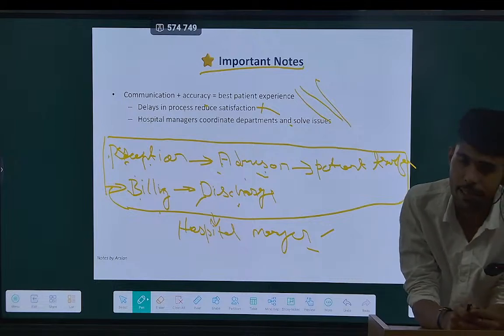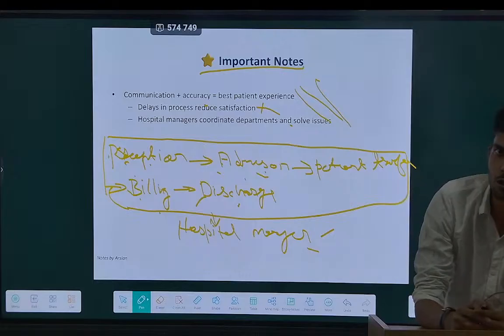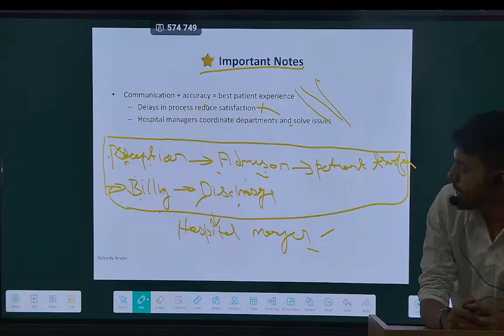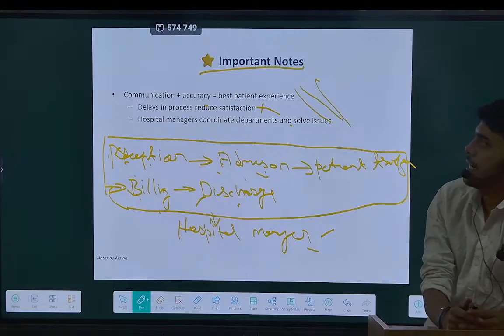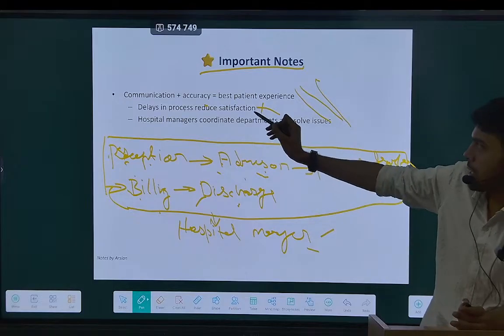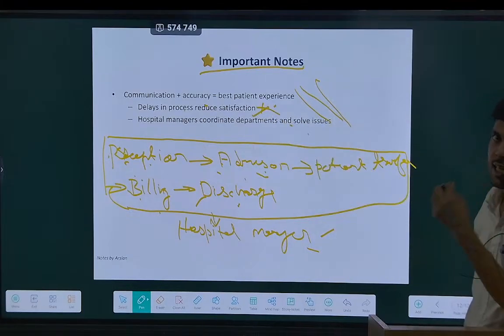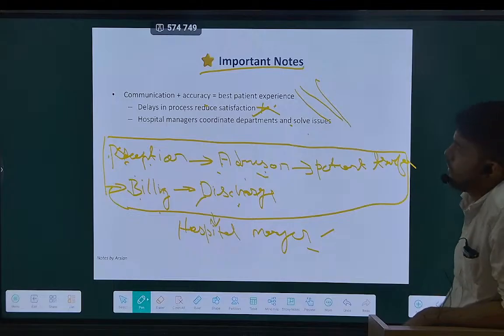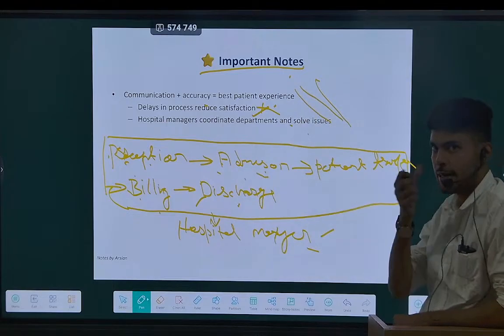There should not be any mistake in your reports or in your billing. Accuracy is very important. Patient satisfaction increases with all those things. So patient satisfaction is the first priority of the hospital manager or the people who are sitting at the management tables.